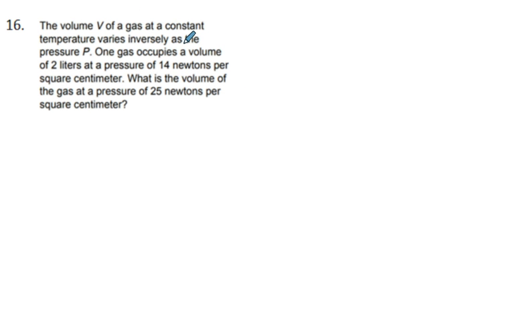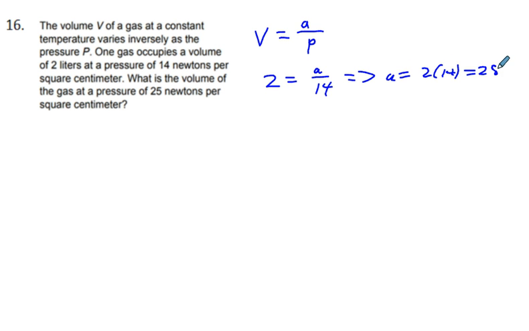Okay, 16, volume of gas, constant temperature varies inversely as the pressure. So volume varies inversely as the pressure P. And a gas occupies volume of 2 liters at a pressure of 14 newtons. So A is equal to 2 times 14 equals 28. So that is our constant of variation.